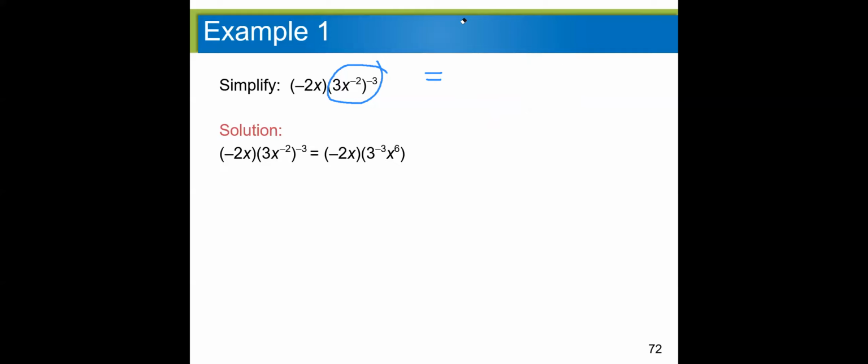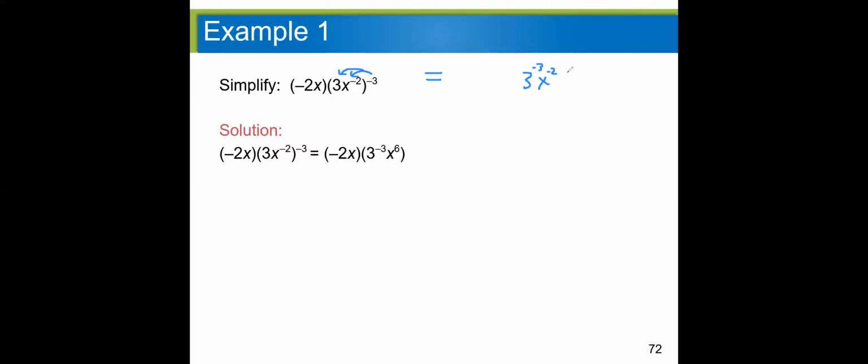We can remember how the distribution feature works, right? We can remember to send that -3 to everything inside there. Or, if you will, 3 to the -3rd, and then x to the -2nd raised to the -3rd power.